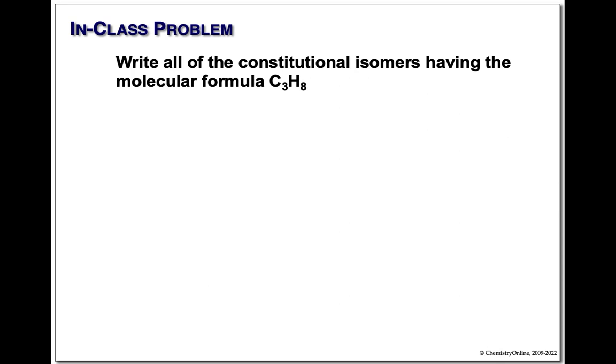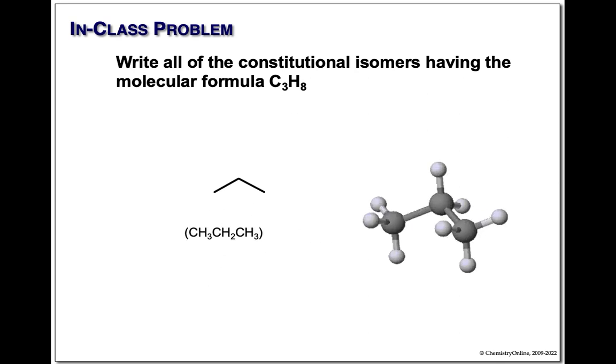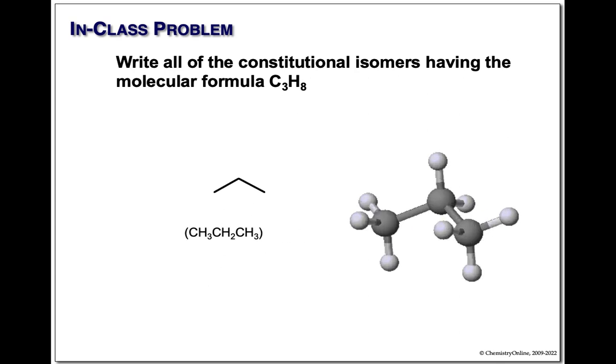Actually, you can only write 1. C3H8 is a straight chain alkane. It's propane. 1, 2, 3. 1, 2, 3, 4, 5, 6, 7, 8 carbons, hydrogens.